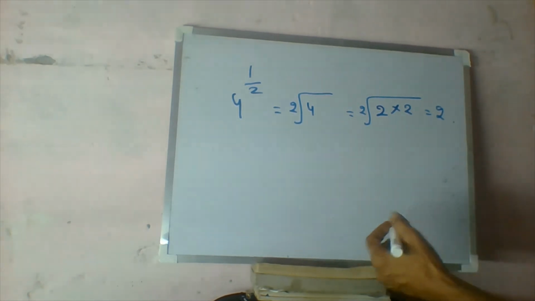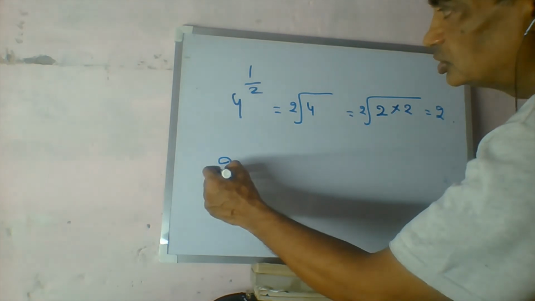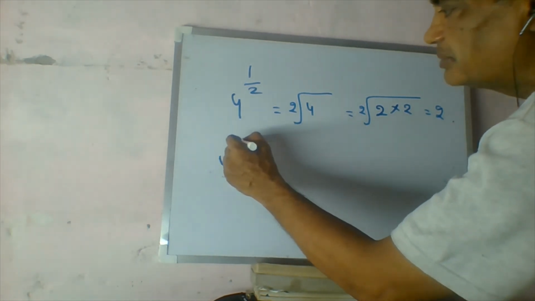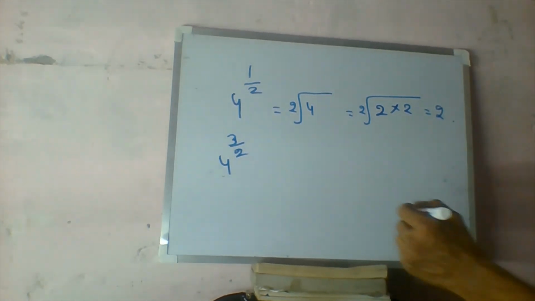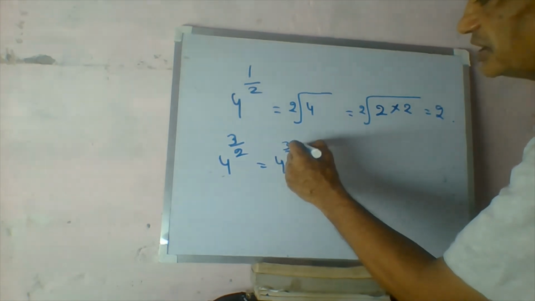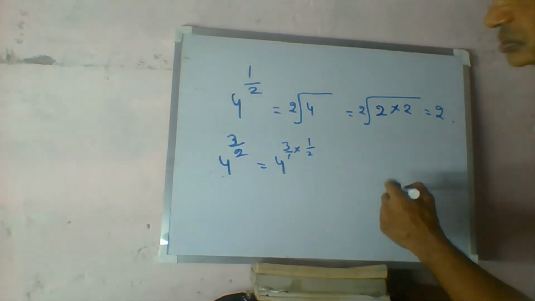Now suppose they asked us to find 4 raised to power 3 by 2. We can write it as 4 raised to power 3 into 1 by 2.